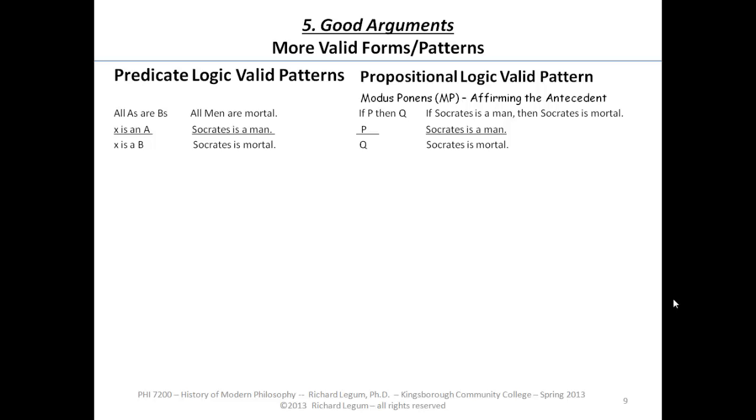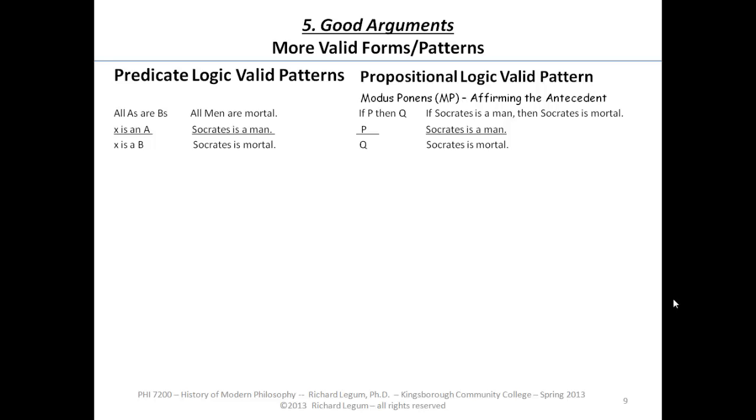Well, if you look at the pattern of argument on the left, you're going to see similarities. But this one is slightly different. It says all A's are B's, X is an A, therefore X is a B. All men are mortal. Socrates is a man, therefore Socrates is mortal.